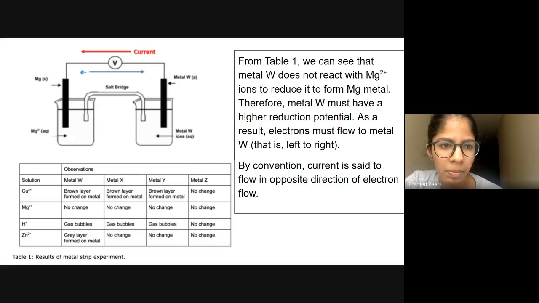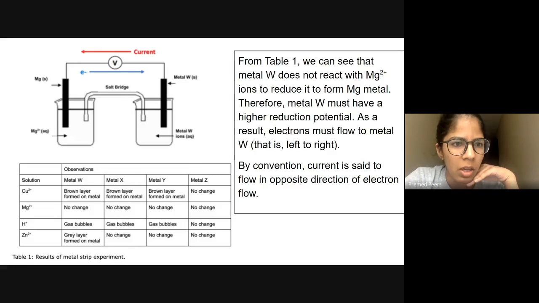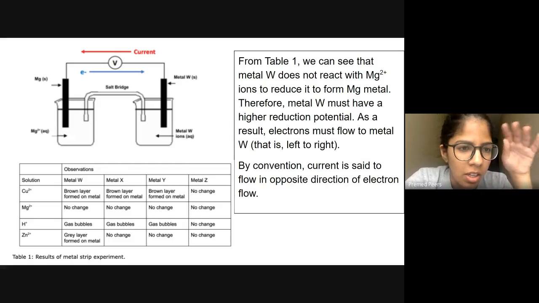There's also another way to look at it. I think this is mostly the same way, but what we're doing now is we're going to use a standard metal, which in this case is magnesium. We need to look at magnesium, and then we compare it to two metals. So we have metal W and metal X. Sorry about that.